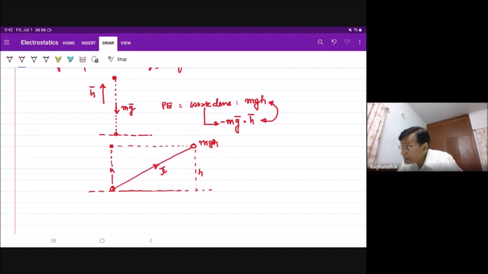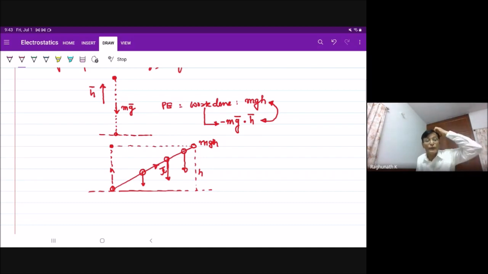This L bar is the displacement vector. Carefully look at it. At each and every point, when the object is moved along the straight line path, the weight acts vertically downwards. Correct?